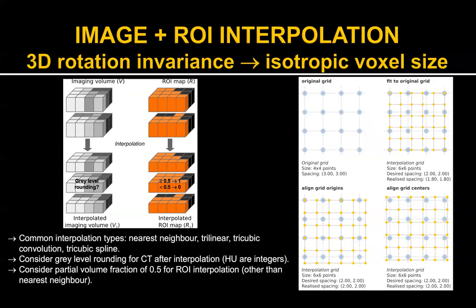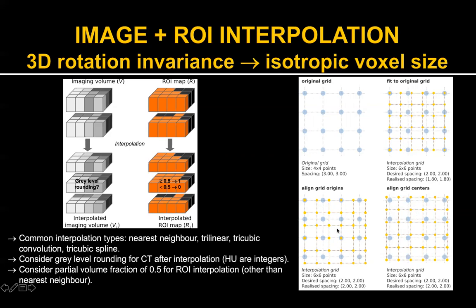And just the process of doing image interpolation leads to differences between different software code, for example. So this is one process that needs to be benchmarked, and that was benchmarked by the IBSI. I won't go too much into details, but the specific way of aligning the original grid to the interpolated grid can bring great differences between the interpolated results and the output features calculated from these interpolated volumes.